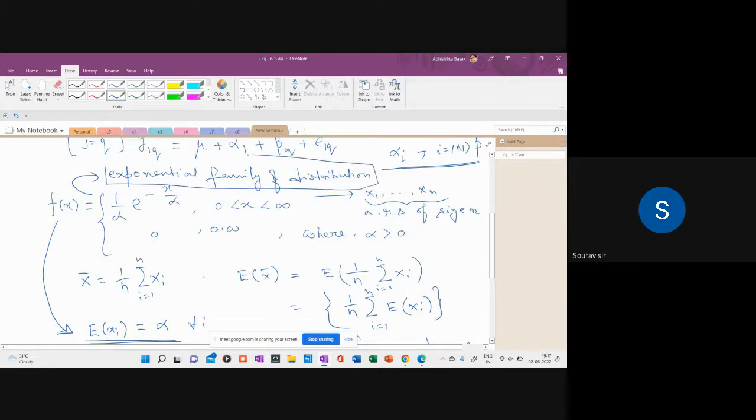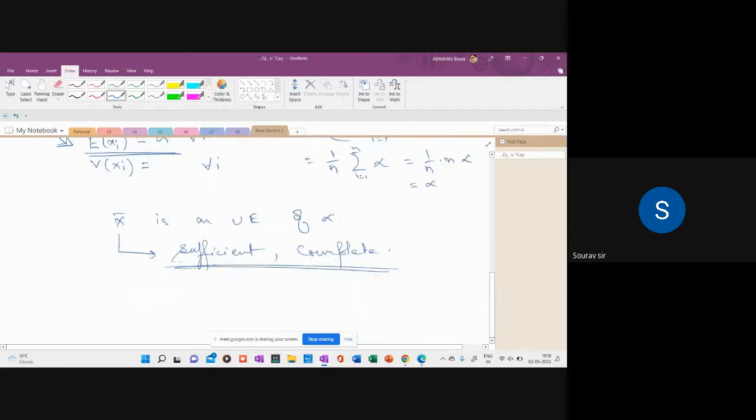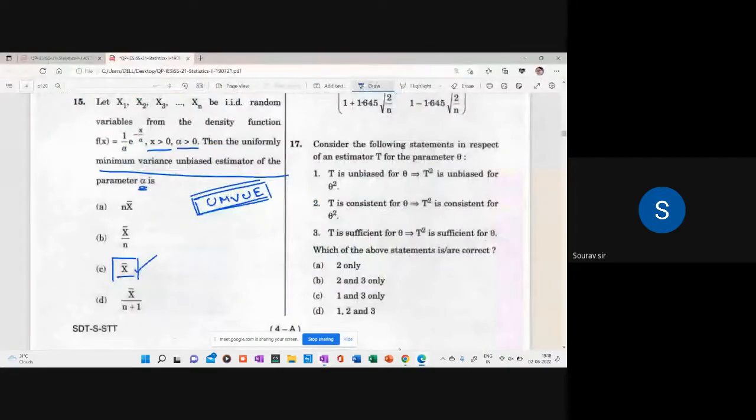So based on that, this X bar is also sufficient and complete. It is sufficient and it is unbiased as well. So based on these three qualities, and since it belongs to the exponential family, we can say that X bar is the UMVUE of alpha. So obviously, as I told you, this is going to be the correct option.